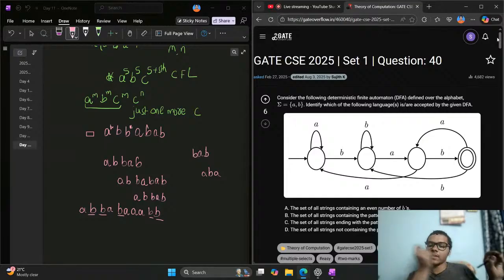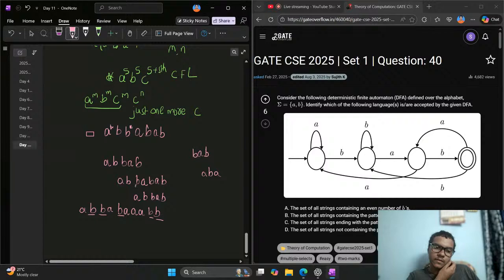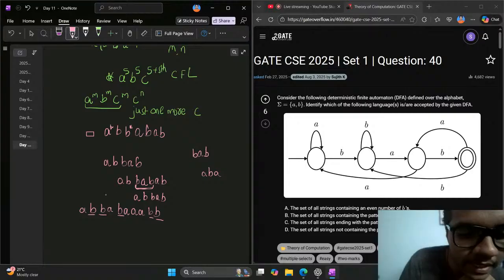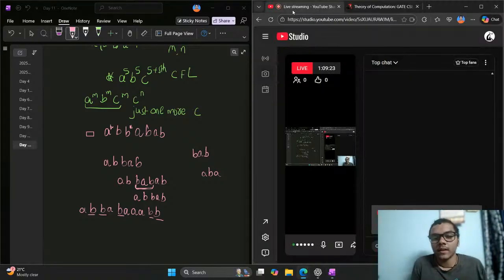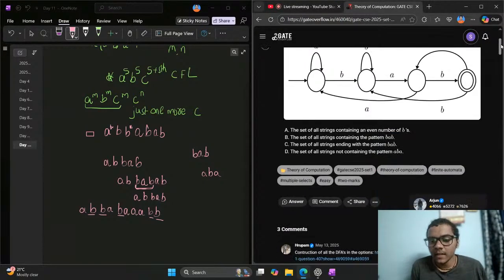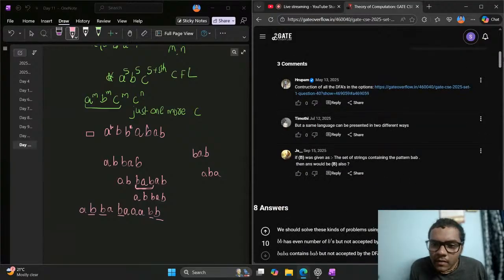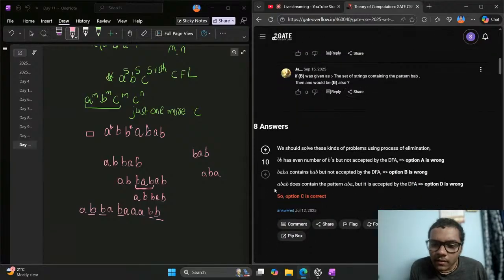So the set of all strings containing the pattern BAB. So if you were to prove, if you got the pattern BAB and still cannot accept it, BABA contains BAB but is not accepted by the DFA.